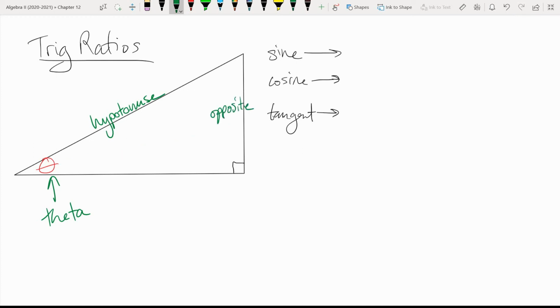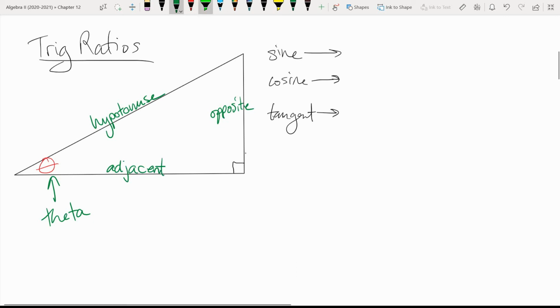And the side that is adjacent to, or right next to, that angle, we call our adjacent side. So opposite, adjacent, and hypotenuse. Okay. And that's kind of important.